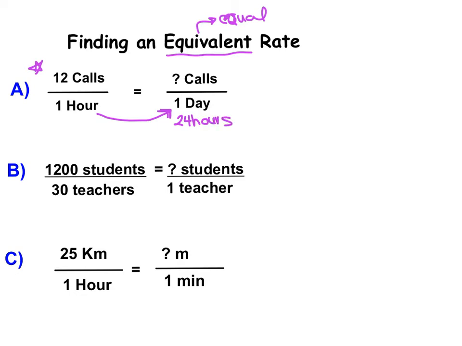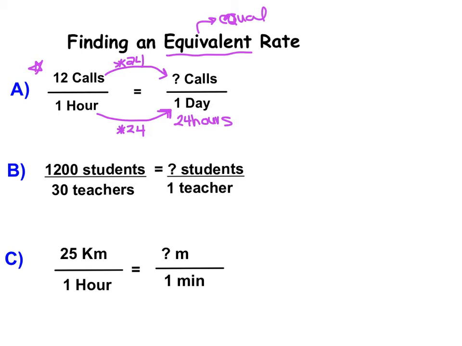And so what I can do here is think, well, to get from 1 hour to 24 hours, I would need to multiply the 1 by 24 in order to make it the equivalent of a day. And remember, if we multiply our denominator by 24, to keep it equivalent we need to multiply our numerator by 24.